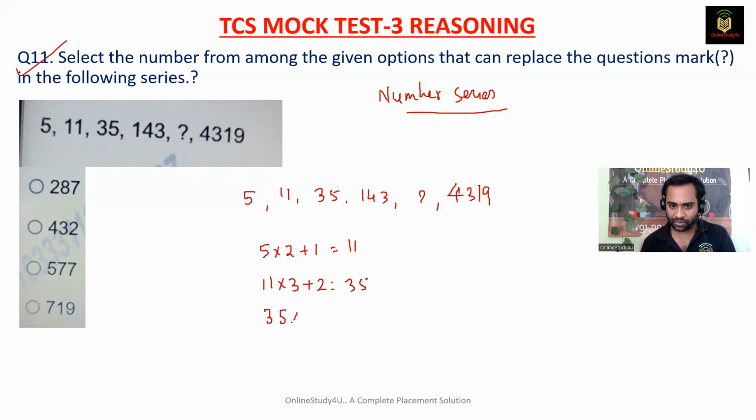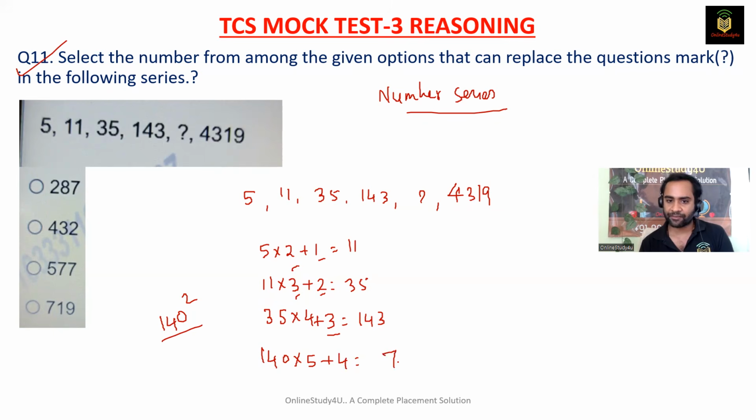Then 35 into 4, multiplied by 4: 4 5s are 20, and 12 plus 2 is 14, so 140 plus 3 is 143. Then 143 into 5, and the added numbers go 1, 2, 3, 4. So 14 into 5 is 70, right?